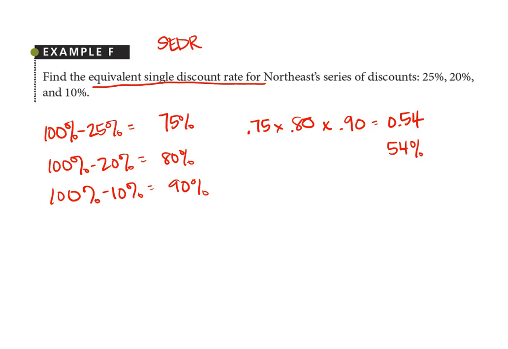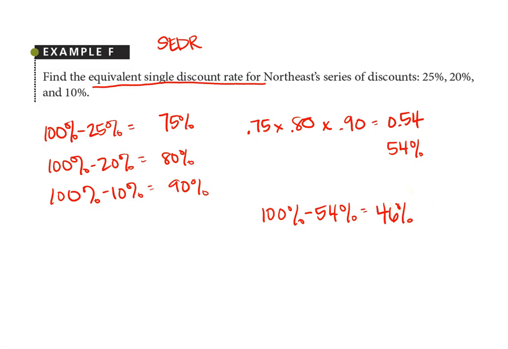And now I need to calculate the SEDR, or single equivalent discount rate. And that's actually the complement of this 54%. So my SEDR is 100% minus 54%, which gives me 46%.